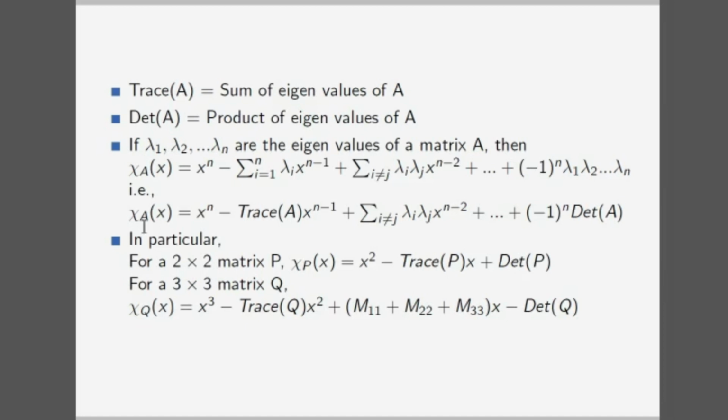If I consider a matrix P of order 2, its characteristic polynomial can be easily found as x squared minus trace of P times x plus determinant of P. Similarly, for a 3 by 3 matrix Q, its characteristic polynomial is x cubed minus trace of Q times x squared plus (M11 plus M22 plus M33) times x minus determinant of Q. The term M11 plus M22 plus M33 is the same as the sum of eigenvalues taken 2 at a time.